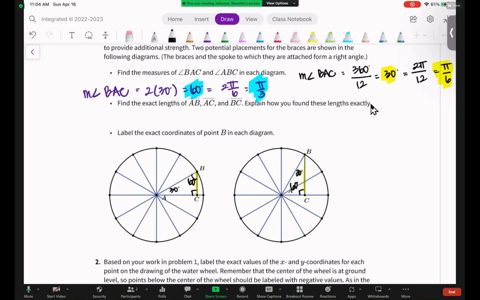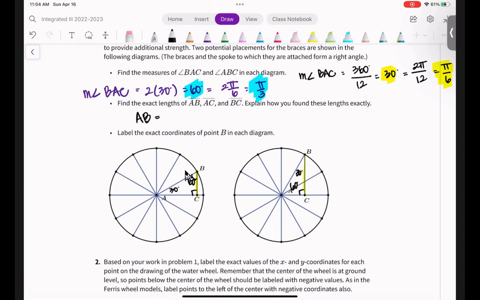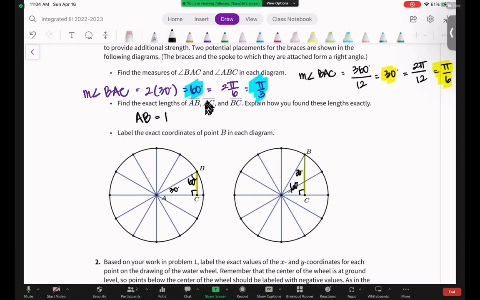So going back to our triangle over there, our special right triangles, you should be able to label these. So AB is the length of the spoke, so that's just going to be 1. So AB is going to be equal to 1. Just a little note here, whenever we write AB with a hat on it, that's talking about the segment.